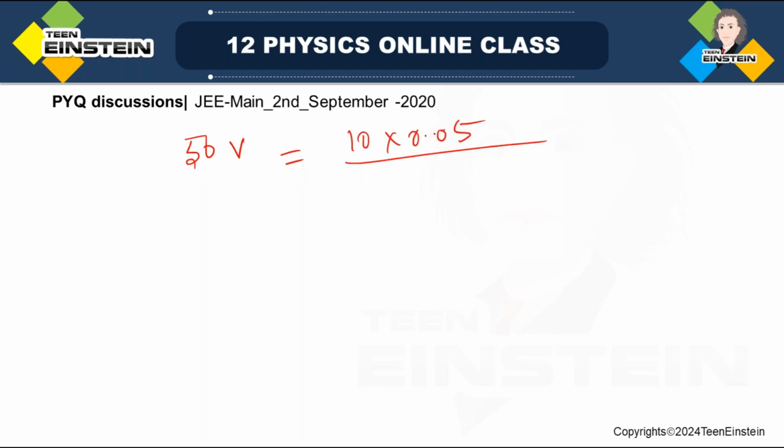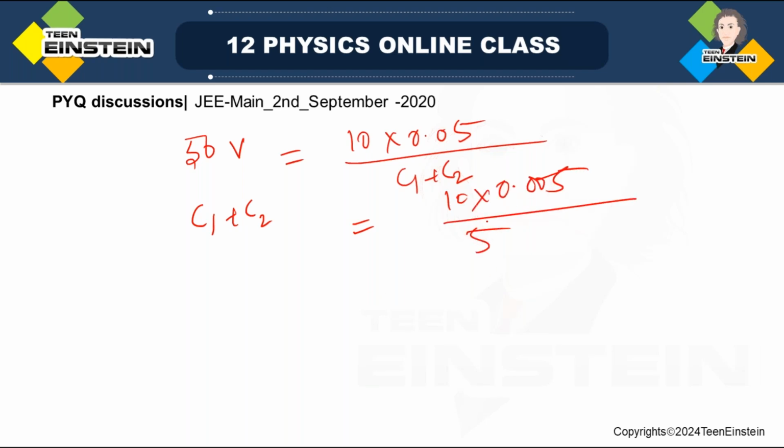Then you have C1 V1 divided by C1 plus C2. So C2, we know C1. Then let me write C1 plus C2 is equal to, okay, this is in microfarad.